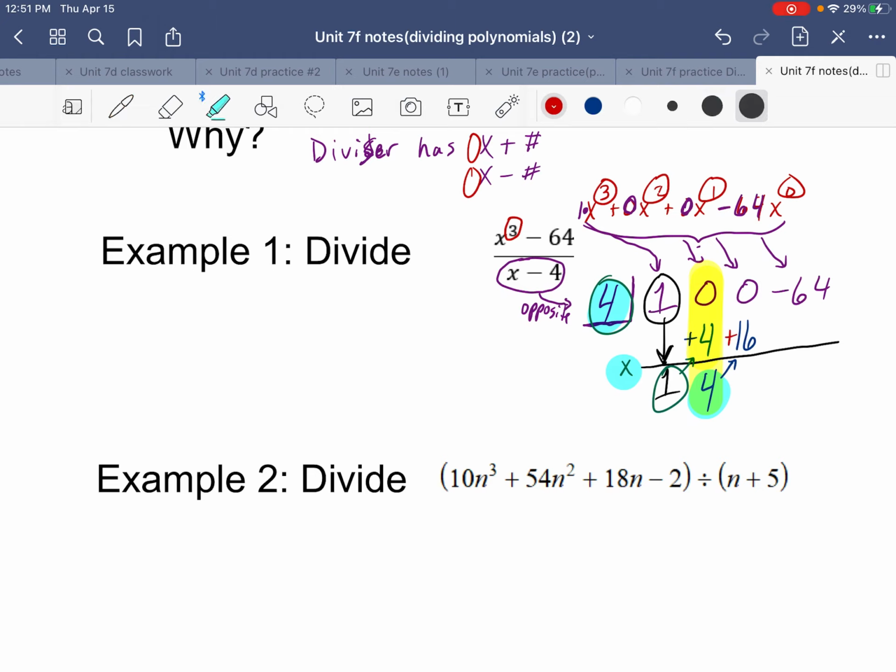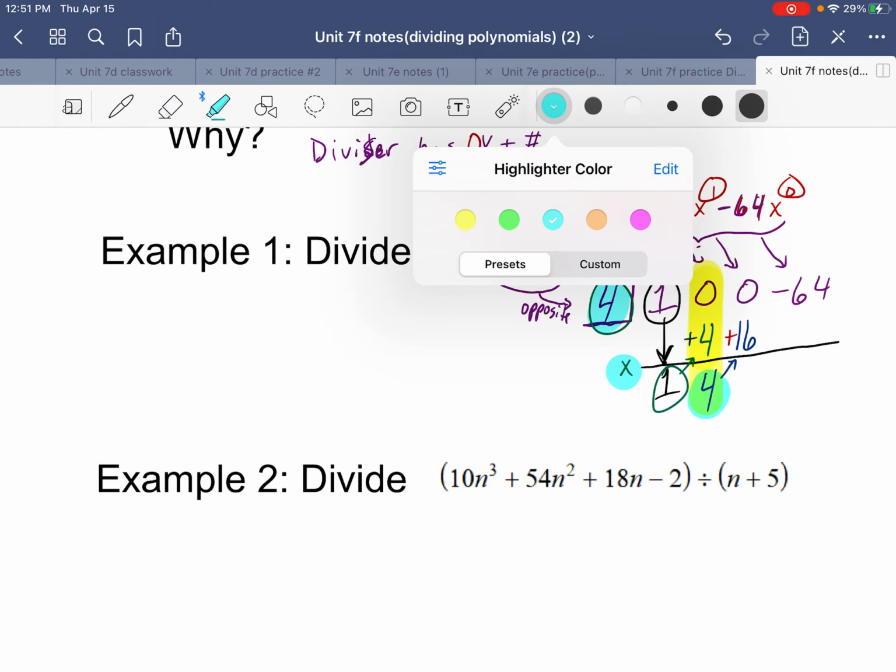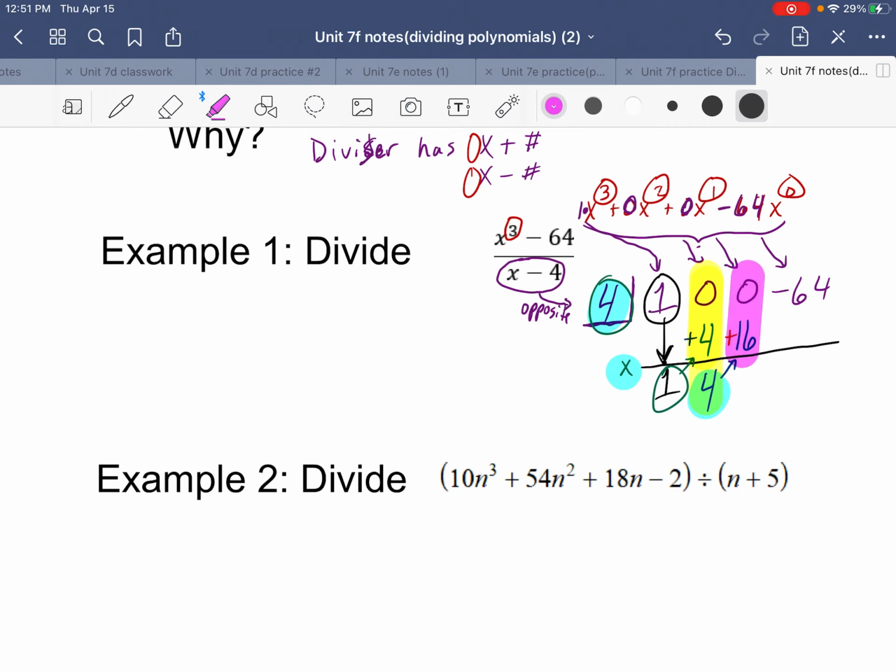So 0 plus 16 is 16, and now we do it again. We do the process again. So we go with 4 times 16, and that's 64, and now we add again. Negative 64 plus 64 is 0.